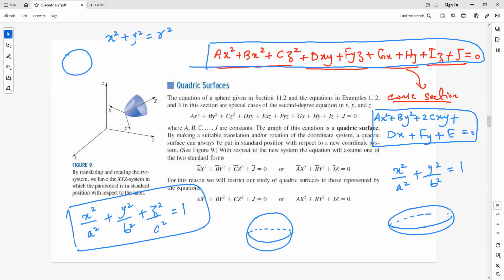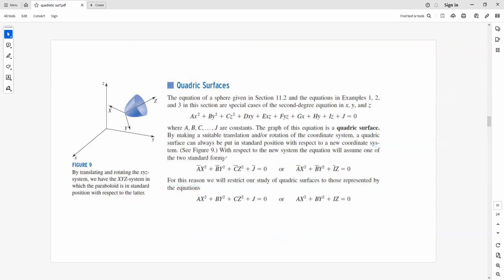So it will be an ellipsoid like this, right? So we can think of an egg. It's an egg-like surface, right? So it's an ellipsoid, and these surfaces are called quadric surfaces.